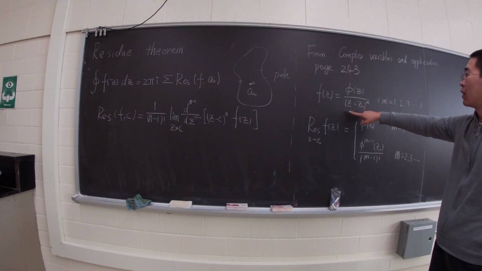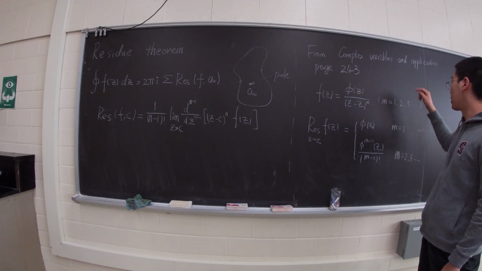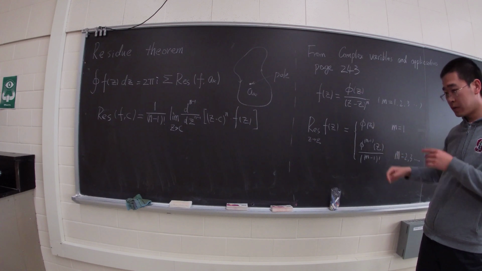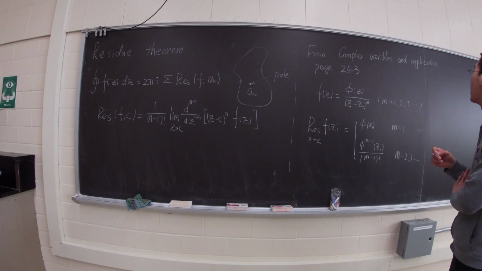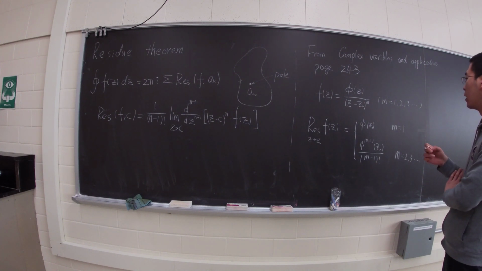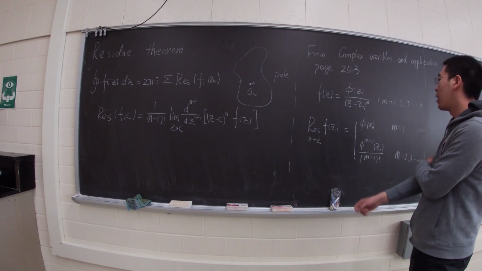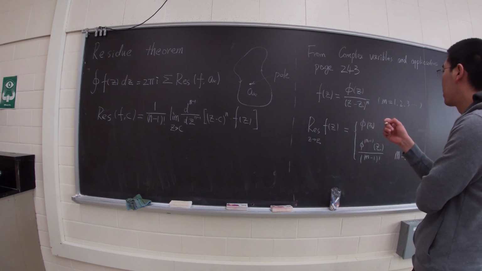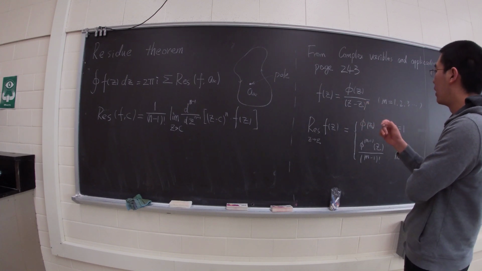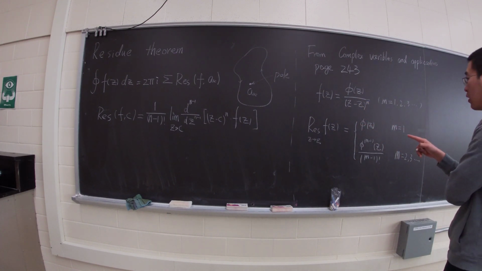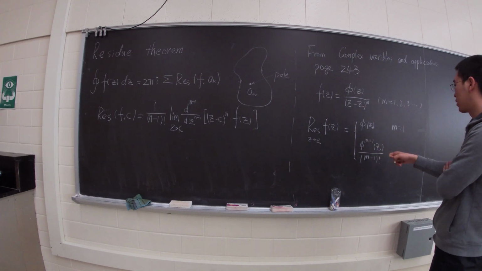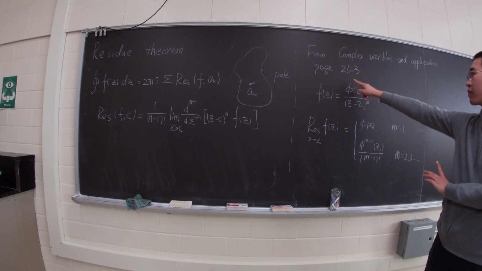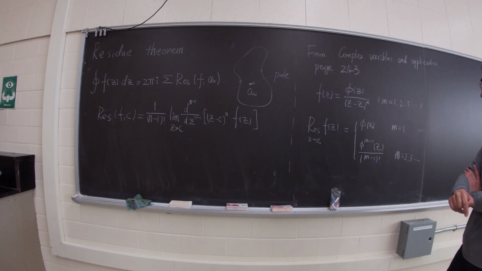There's another way, from Complex Variables and Applications, page 243. That book is a very, very good book for people who want to use complex analysis in STEM most of the time. If f(z) is in the form of phi(z) over (z minus z naught) to the mth power, where m is a positive integer, then for m equals 1 the residue is basically the numerator, phi(z) at z equals z naught.